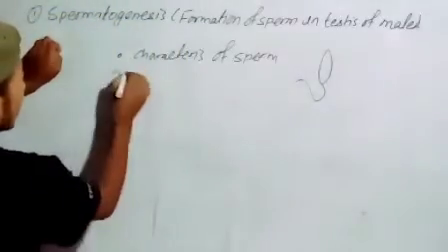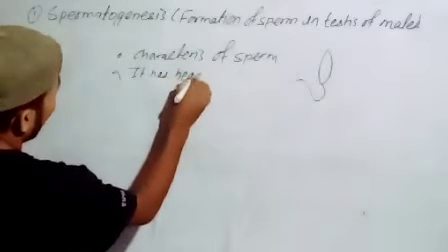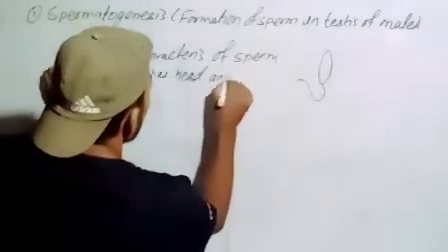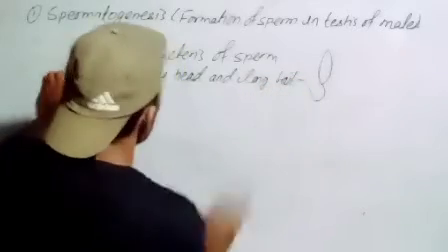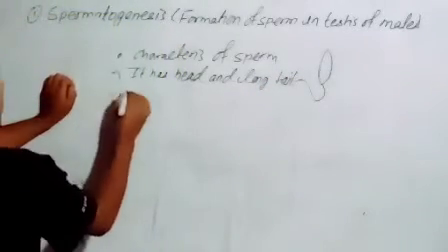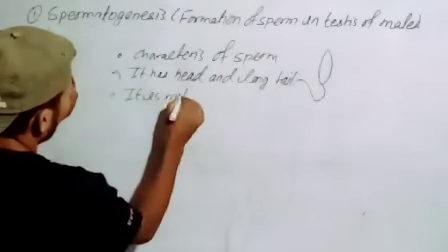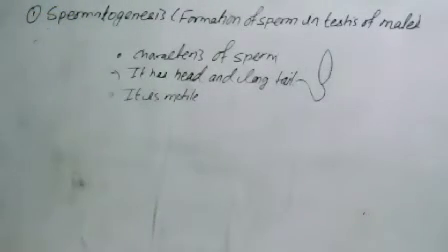It has a small head and a long tail, and it is motile or mobile. You can write mobile also. So these are the characteristics of sperm.